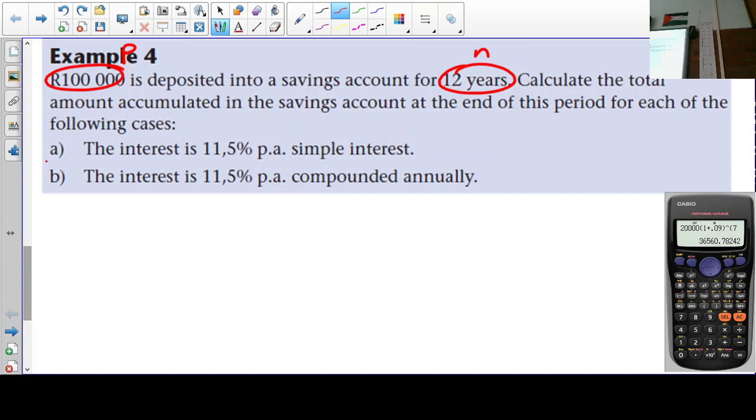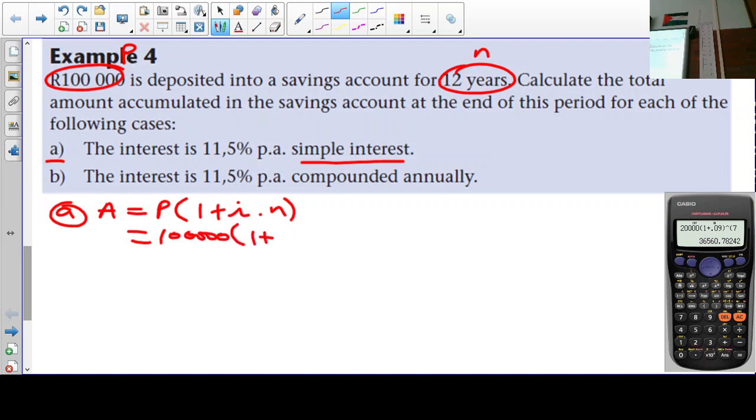Here we have two scenarios. The interest is simple interest. So what do we do for simple interest? Simple interest formula. A is equal to P into 1 plus I times N. So it's going to be 100,000 into 1 plus I, which is 0,115 times N, which is 12.